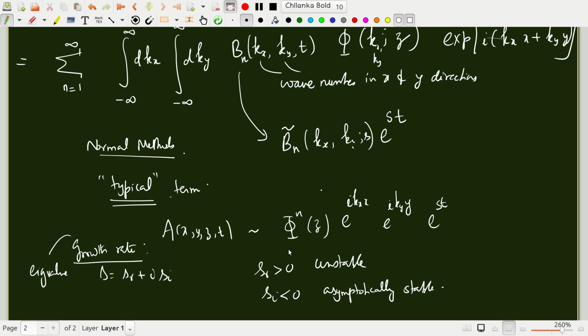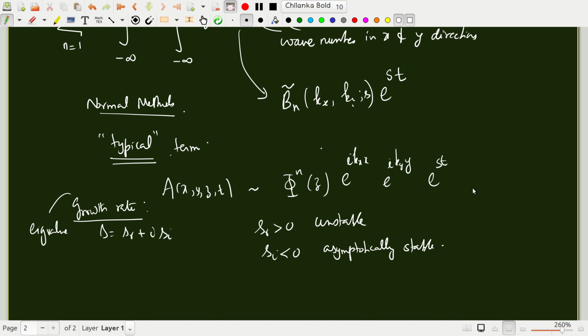We substitute this back in the set of 3 PDEs or 4 PDEs. Now, because the functional forms along the x, y, and t directions are exponentials, the derivatives along those directions will simply vanish, because you can easily take the derivatives of exponentials, as I will show in due course.